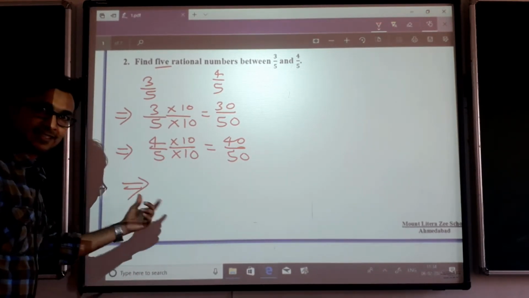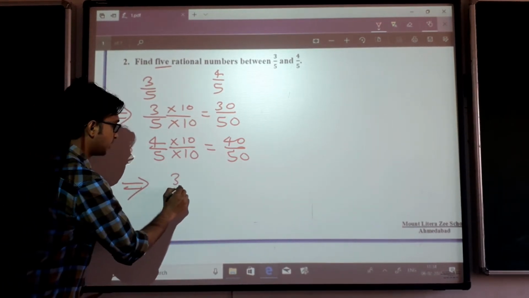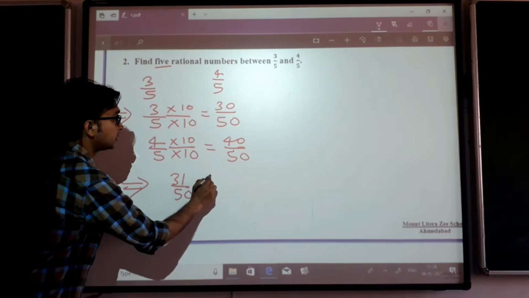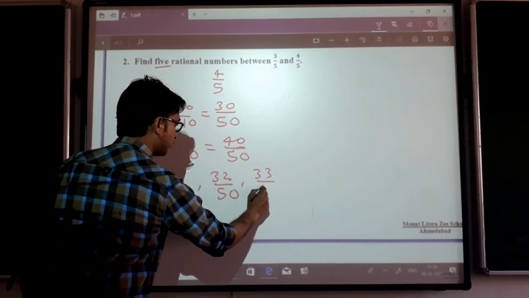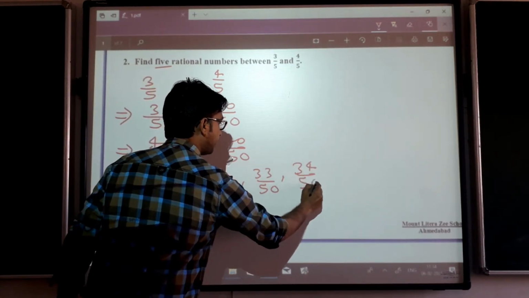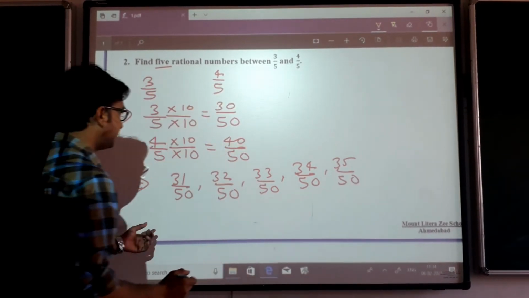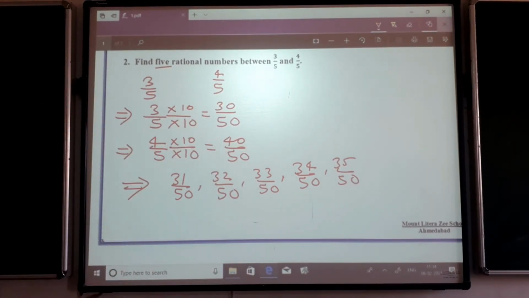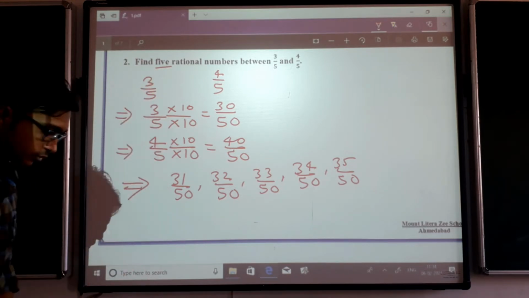You will write a statement like: 5 rational numbers are 31 upon 50, 32 upon 50, 33 upon 50, 34 upon 50 and 35 upon 50. These are the required rational numbers between 3 upon 5 and 4 upon 5.